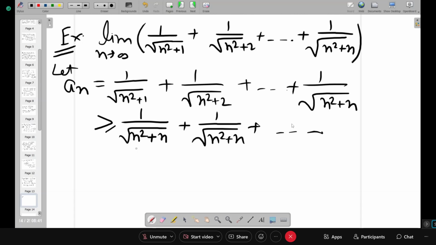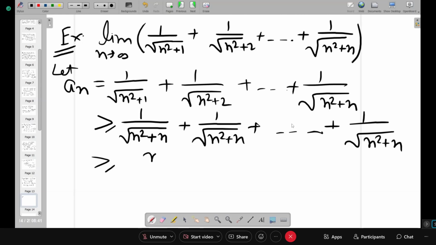So the value of the sequence will be greater than or equal to this value.